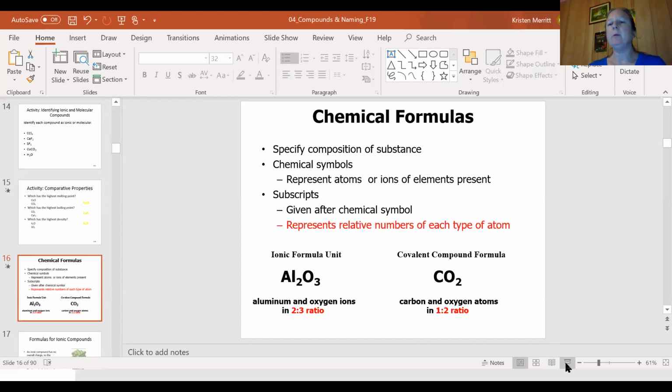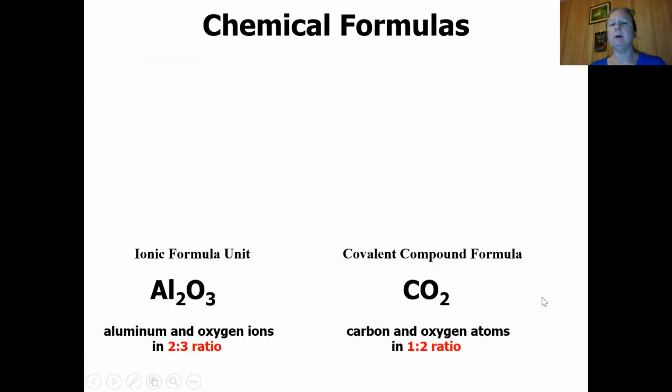So chemical formulas give you a lot of information. For ionic, if you're told the name or what it's composed of, you can write the formula, because the formula consists of two things.